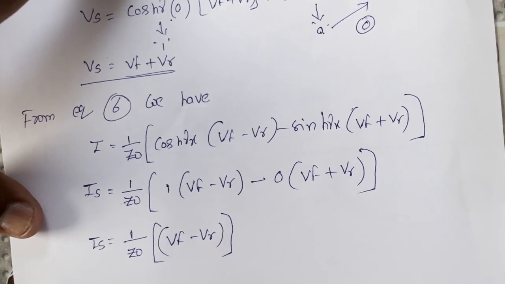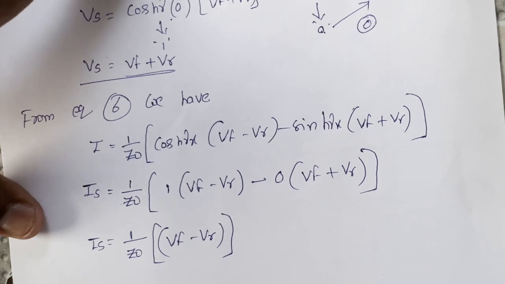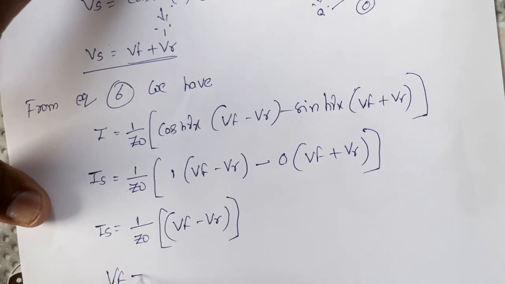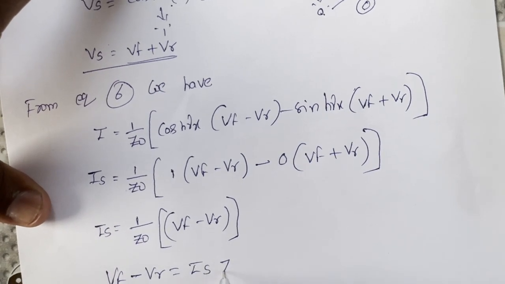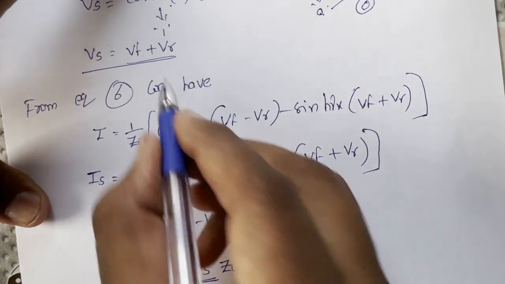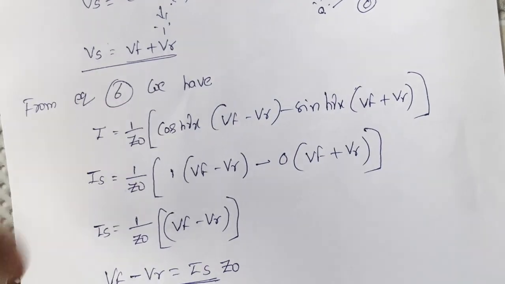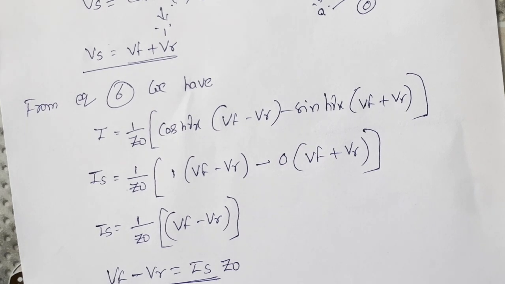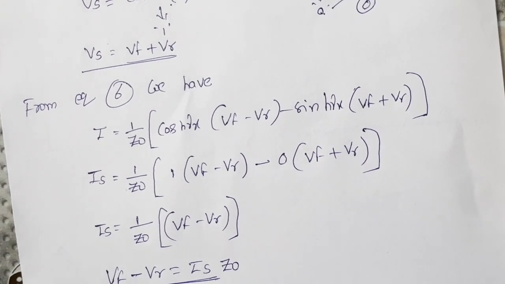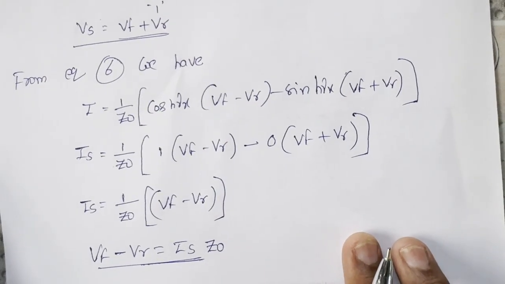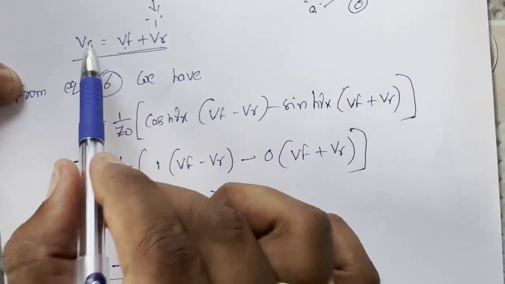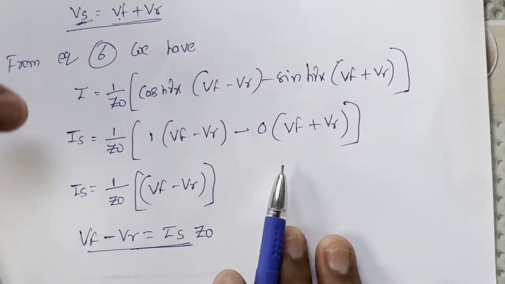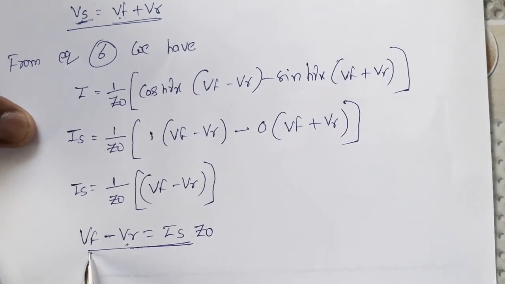From this we get Vf minus Vr equal to Is Z0, multiplying Z0 to this side. Now finally I am substituting these two conditions in equations 5 and 6 again. In equation 5, instead of Vf plus Vr I am substituting Vs, and instead of Vf minus Vr, Is Z0.